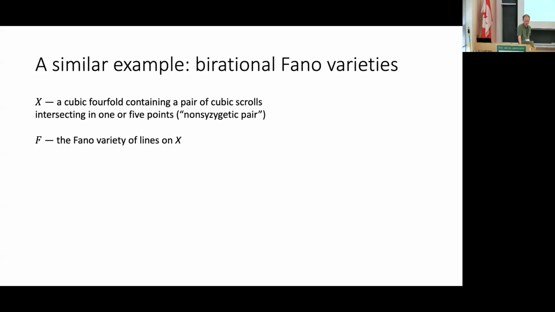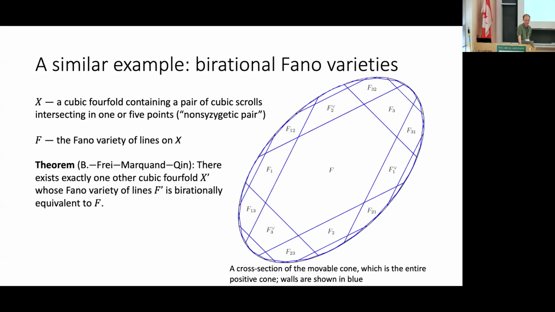Then we found a similar example, which is a cubic fourfold containing a pair of cubic scrolls that intersect in 5 points, which we call the non-syzygetic pair. And we did some analysis of the movable cone of its Fano variety of lines. This is a chamber decomposition of the positive cone, and then there's a birational automorphism group acting on it, and the orbits correspond to birational models.